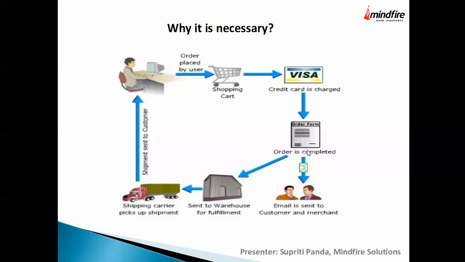When the order is complete, an invoice is sent to the customer, and an email is sent to the merchant saying an order is placed with this item. Then it is sent to the warehouse for fulfillment, and from the warehouse it is shipped to the customer. So here you can see there is no credit card processing we are doing ourselves. We use the PayPal checkout system, where we do express checkout or direct checkout.